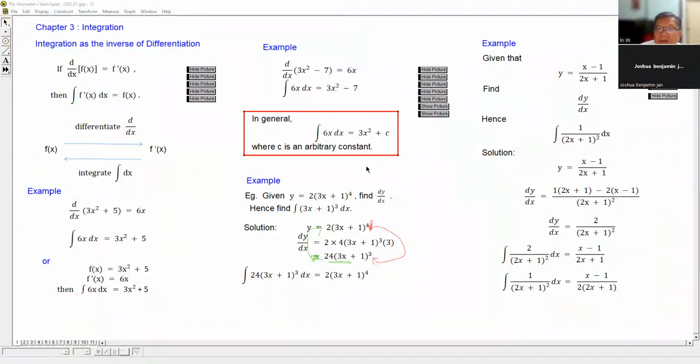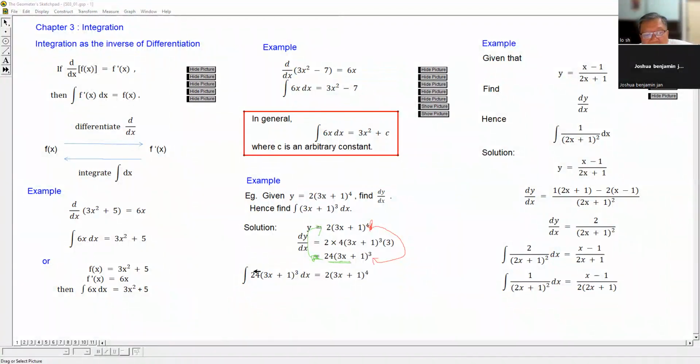Can or not? Can. So then I write down this. That means you can follow what I'm writing here. Right? Integrate this, you get back this. Okay. So this is the answer. But if you look at the question, they say, find, integrate 3x plus 1 to the power of 3.